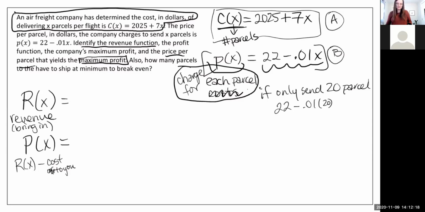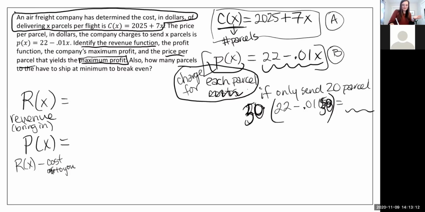So that's what helps us figure out how much they're charging per parcel. So if you have this much per parcel, you'd have to go times 20 to get the total amount of dollars that you're going to bring in, right? If you had 50 orders, you're going to have to multiply that by 50. If you had 30 orders, you'd have to multiply it by 30. Does that make sense? I guess like the more volume you have, the less you can charge per parcel. That's why it's minus 0.01.